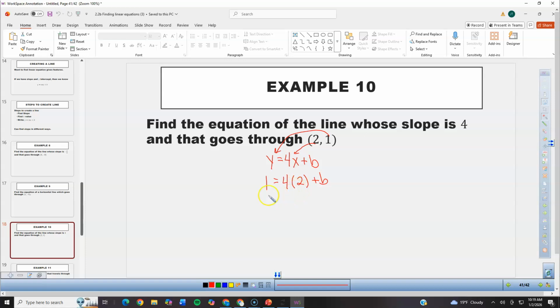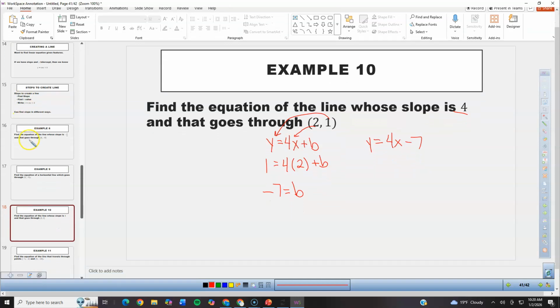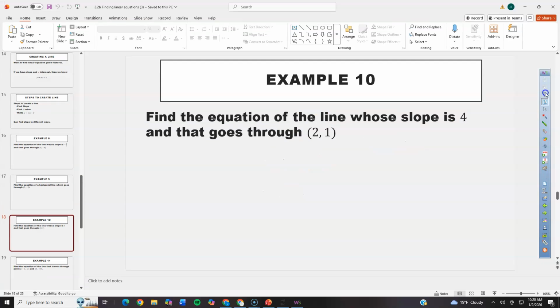That's 8. Subtract the 8 over. Negative 7 equals b. Yep. Again, I'm doing this relatively quick. So I do y equals my slope, negative 7. There we go. If you have questions, feel free to ask.